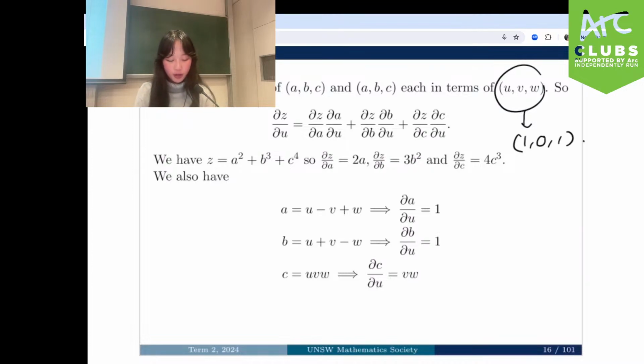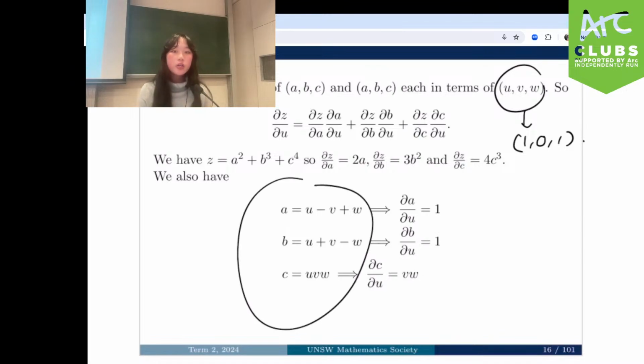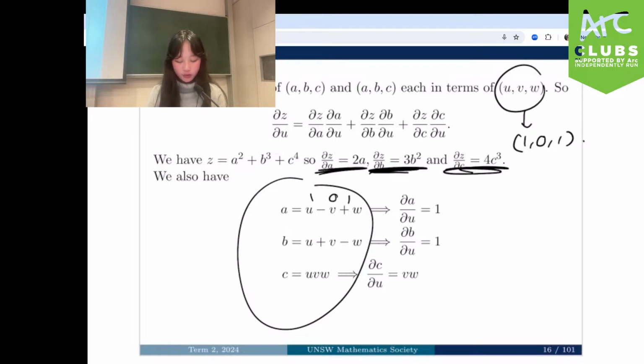We need to sub u, v, and w into our expressions for a, b, and c, so that we can get the numerical values of each of these partial derivatives. Okay? And this should be fairly intuitive, because all we're doing is subbing in 1, 0, 1. Yeah. Okay.